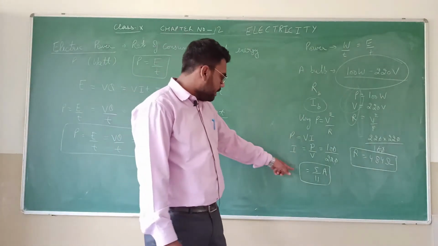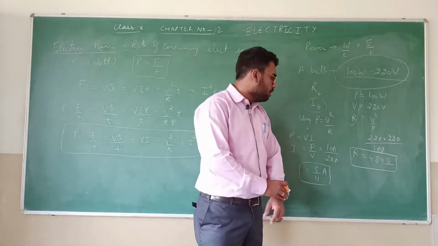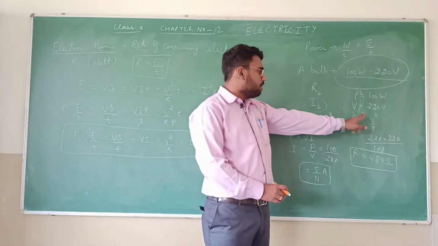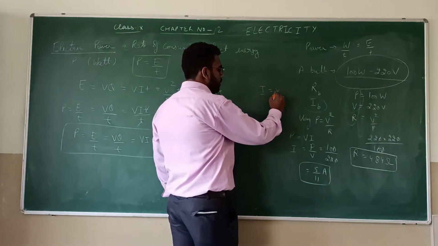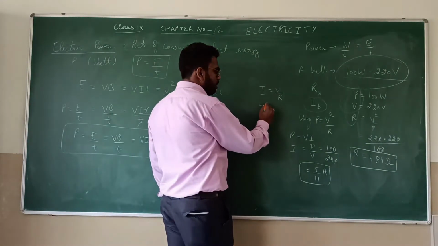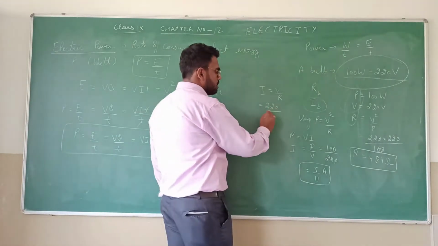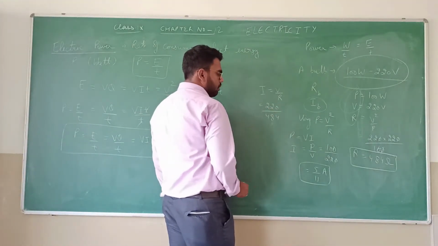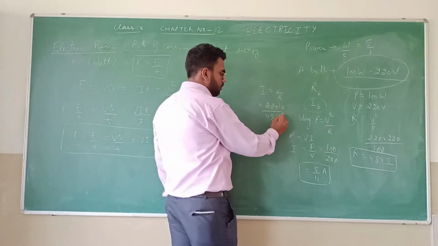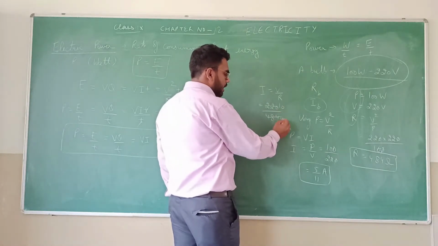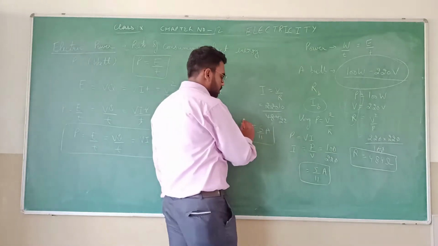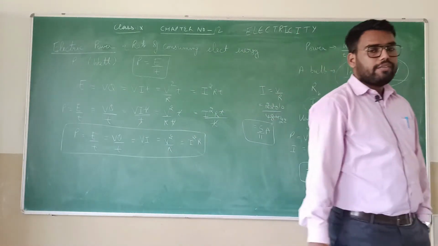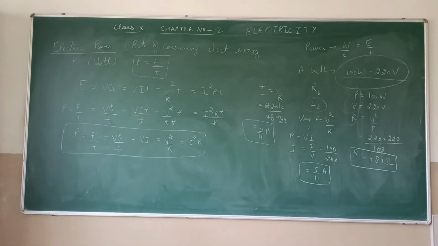We can also find this current by using Ohm's law. We found resistance 484, voltage was 220, so I is V by R, 220 by 484. Square of 22 is 484, so it becomes 10 by 22, that is again 5 by 11 ampere. This is how we can find the data using the concept of power.